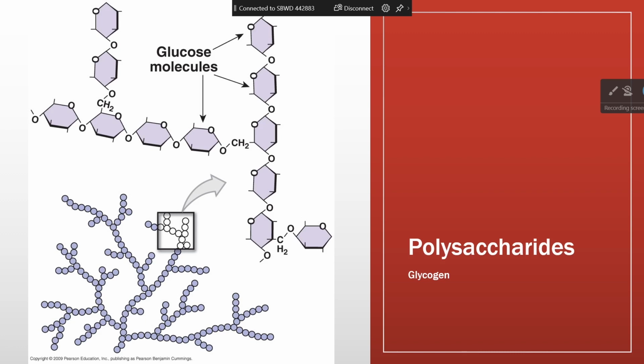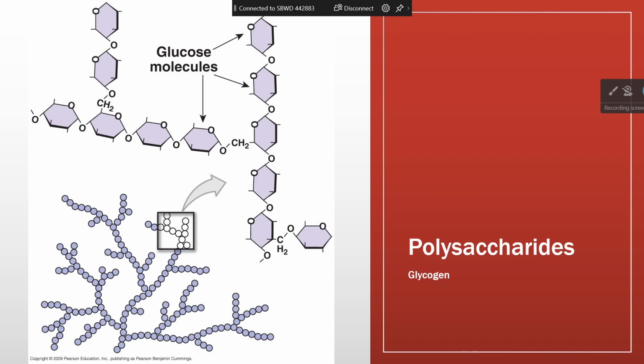Like we talked about, osmosis. So the reason the body creates starches is to keep the molecules out of solution, okay? So by cramming the glucose molecules together, you reduce the amount of osmotic pressure, and therefore it lets us put a lot more glucose in a small space.